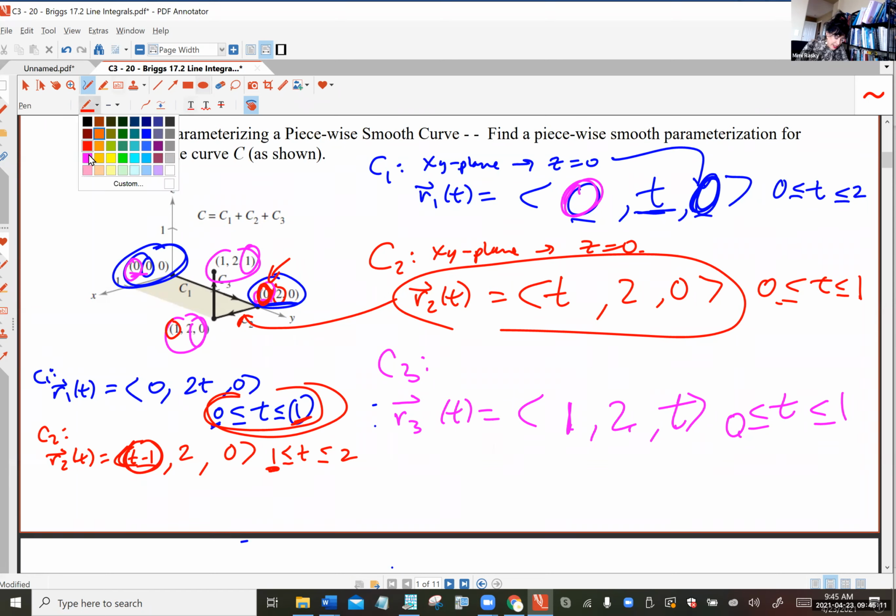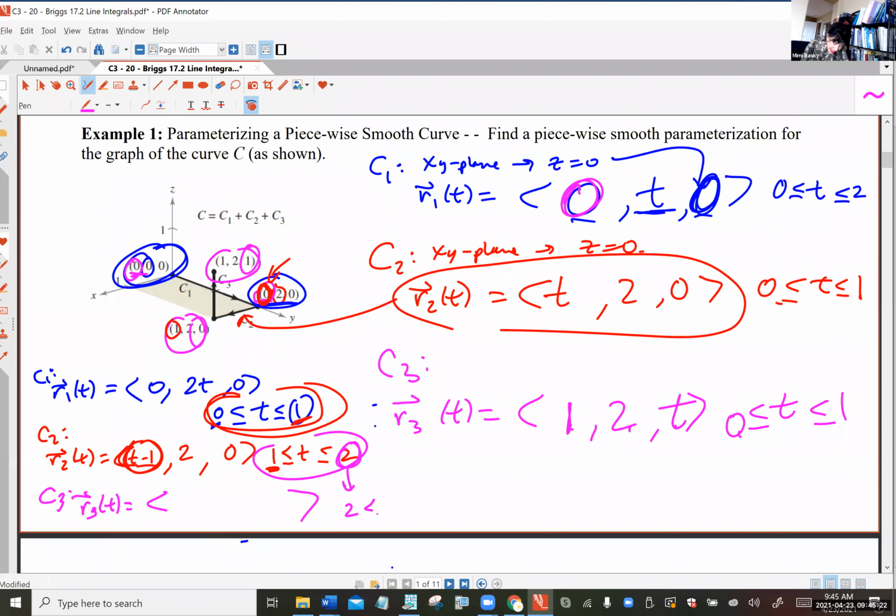And then finally, this text had their C3. They want their clock to start where the last clock ended. So we need our clock to begin at 2 seconds. And the X and Y coordinates, when we're shooting straight up here, stay constant at 1 and 2.